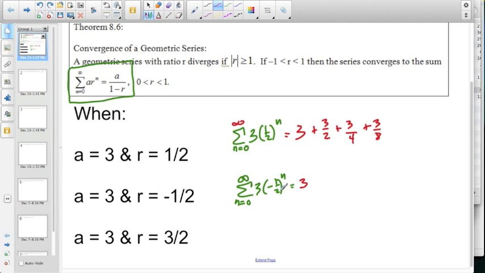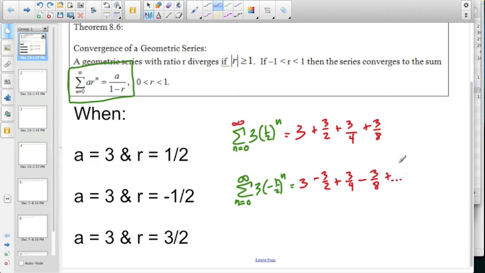So it still starts at 3, the initial value. 3 times negative 1/2 is going to be adding a negative 3/2. And then when we square this 1/2, we're going to get a positive 1/4, so we're going to be adding 3/4. And as we take negative 1/2 to the 3rd power, that's going to be negative 1/8, so it's going to be subtracting 3 times 1/8, or 3/8.